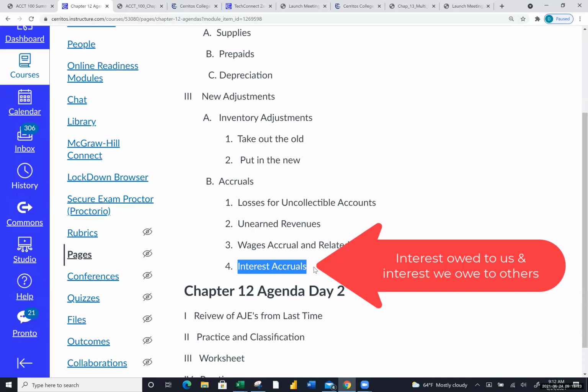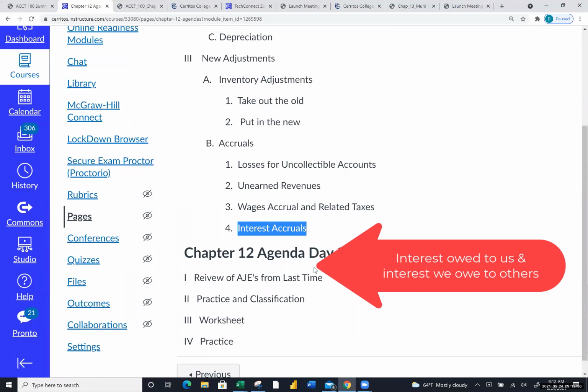So going back to that matching principle, GAAP says you have to match up the related revenues with the expenses. So what that means is on 12/31, if we use that as a cutoff date, if there's any debt on your books, we need to make sure that the interest up until 12/31 is listed as either an expense if we owe others money, or as interest revenue if somebody owes us money. We're going to practice that today.